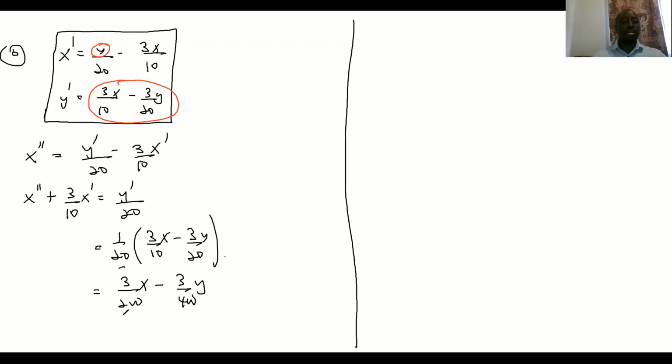I'm going to send this over to the left-hand side because I'm grouping all the x's. It's 3 over 10 x prime minus 3 over 200 x is now minus 3 over 400 y.